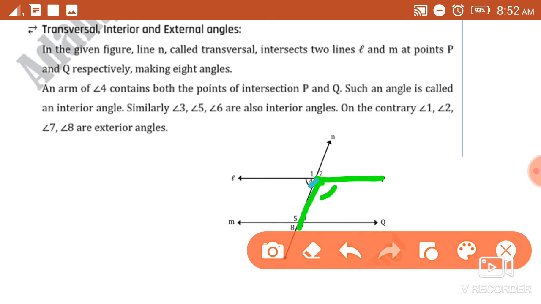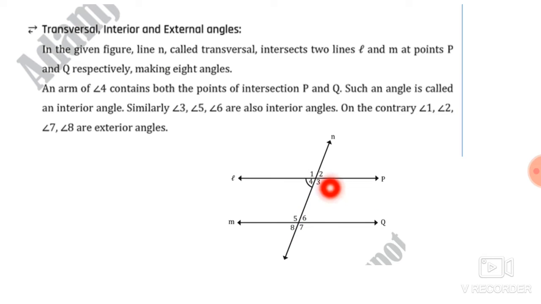Here we have point P and here we have point Q. Both the points of intersection lie on the arms of the angle. It means that angle is called an interior angle. So angle 3 is also an interior angle.